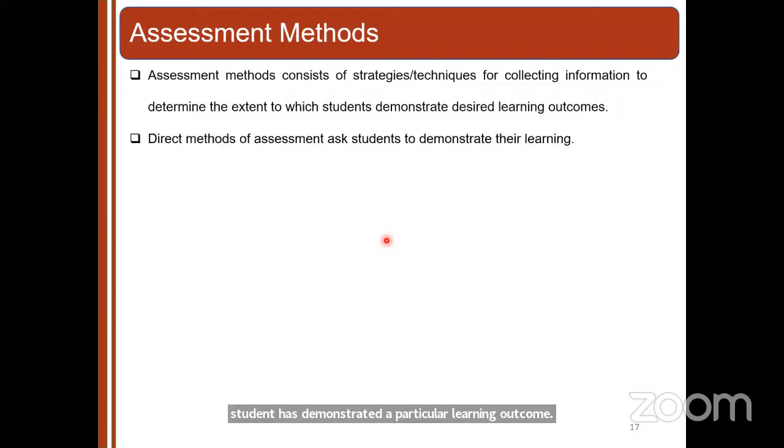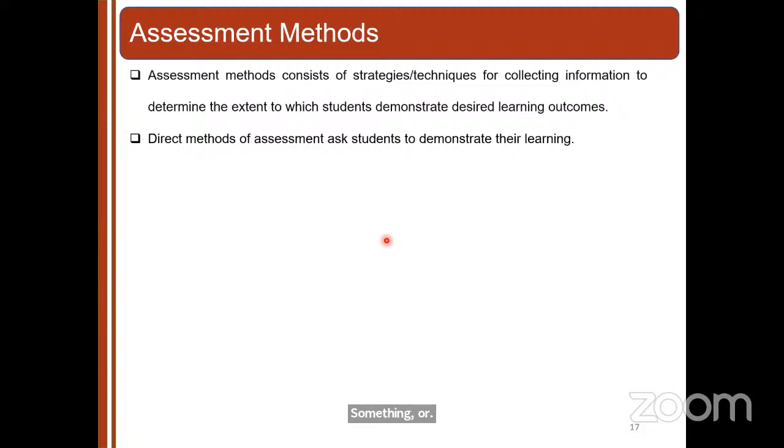So there are two methods here, formative and summative, which I have told you, and in a particular category, you can generally take a direct assessment or an indirect assessment. What is a direct assessment? A direct assessment is where you ask the student to demonstrate their learning. So you take up a lab, and in that lab, you ask the student to maybe program something or verify an experiment.